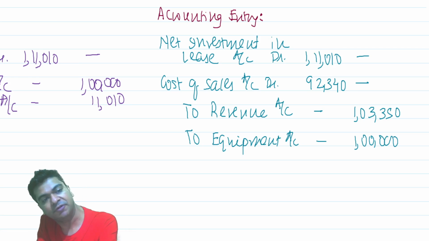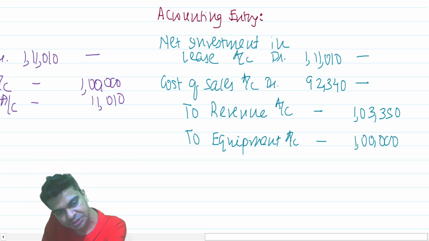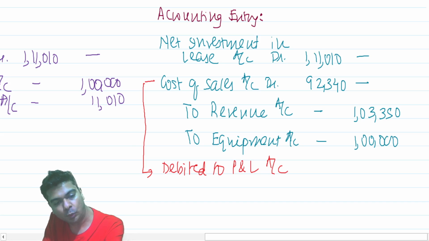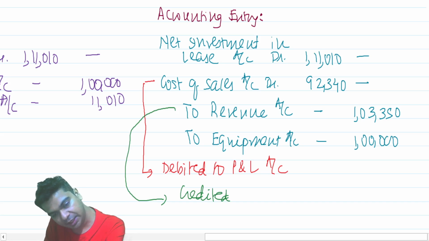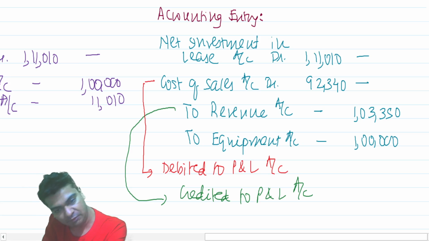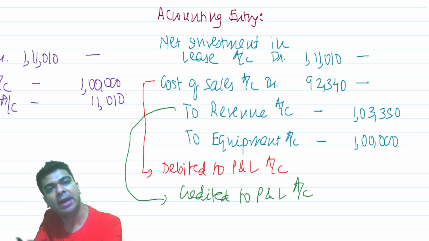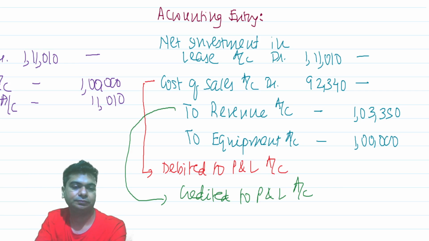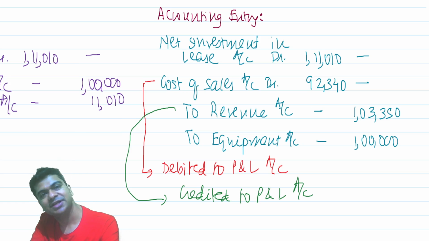See, cost of sales account will ultimately be debited to profit and loss account. And this revenue ultimately will be credited to profit and loss account. So the P&L will be credited by the revenue, P&L will be debited by the cost of sales. Automatically selling profit will get recognized in the P&L, isn't it? Automatically it will get recognized in the profit and loss account. That's the end of the answer.